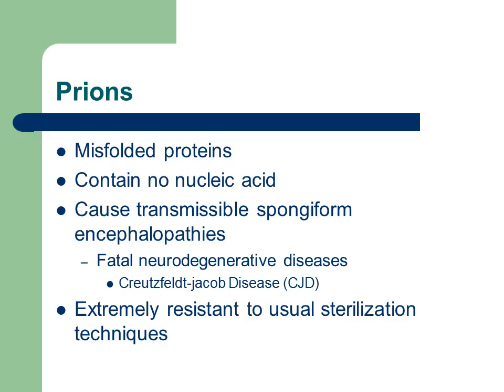What prions cause are transmissible spongiform encephalopathies, and these are fatal neurodegenerative diseases. You can see transmissible spongiform encephalopathies in many different types of animals, including humans.